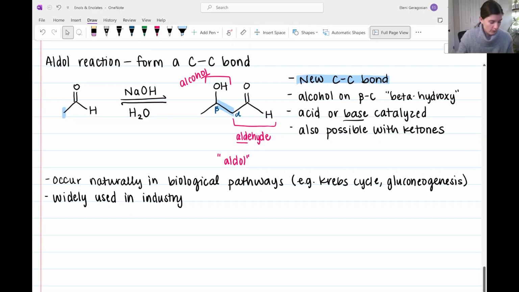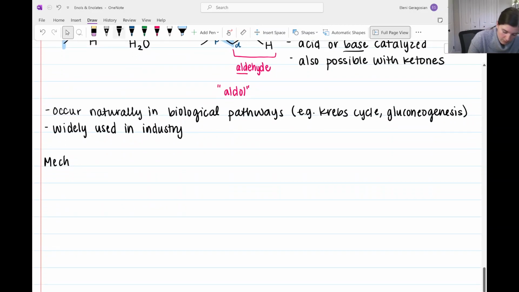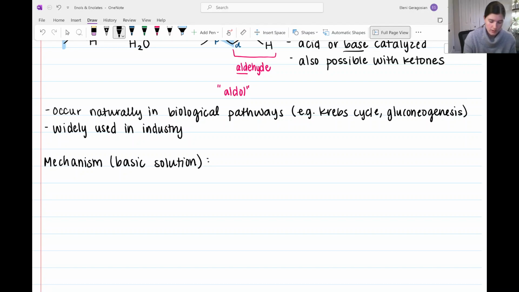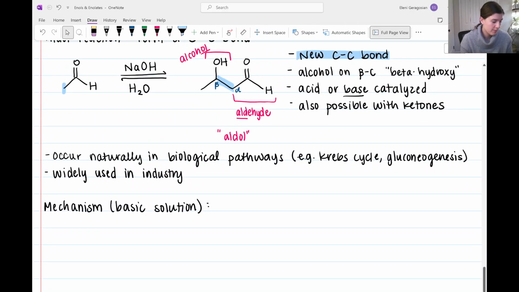So let's go through the mechanism, again, in basic solution. Look back at the reaction scheme. We start with an aldehyde. We could have different carbon chains here so that our R group can be different.